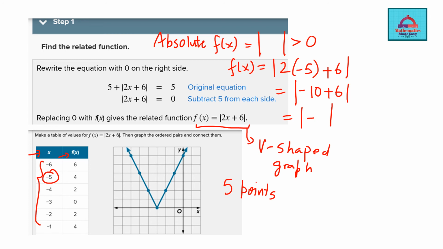So -10 plus 6, you are going to subtract, so -4. Now -4 in itself has a negative sign, but because of the absolute value, whatever the number inside, positive or negative, the result is always positive. So that's why you get 4. So what is the point? (-5, 4).